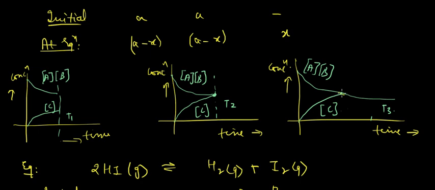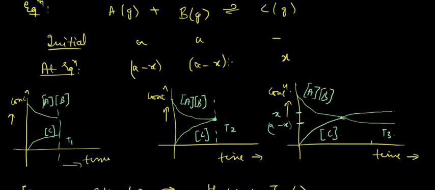Some minor mistake was done here. Now this is actually x and this is actually a minus x. So the concentration of C, so this is not the equilibrium point of time, this is the point of time when both the concentrations reach a common point, which is not the equilibrium point. I might have told this is the equilibrium point, but this was a silly mistake which I did.